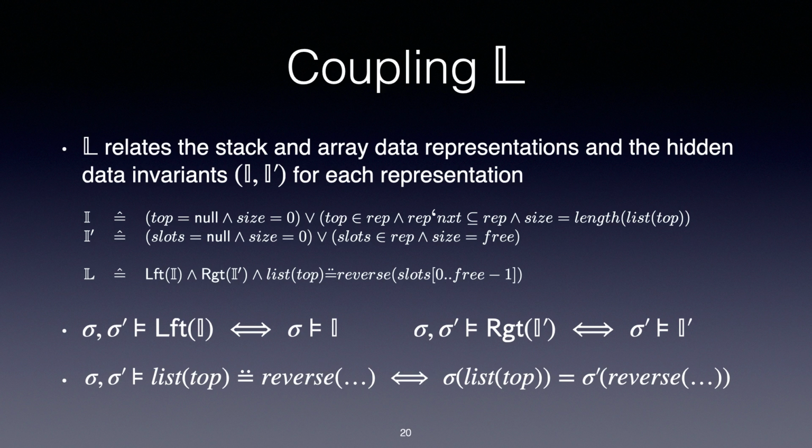So the list is closed under next, all the nodes are in rep, and the size of the list is equal to length of list top. If you traverse from top, whatever mathematical list you get, the length of that list is equal to size. Okay, so that is the coupling L.